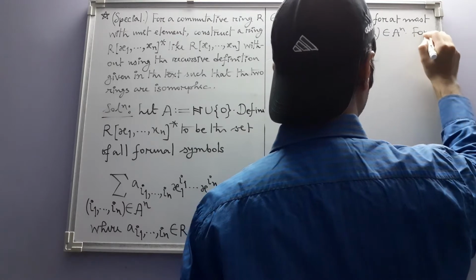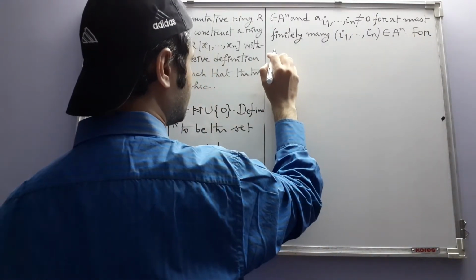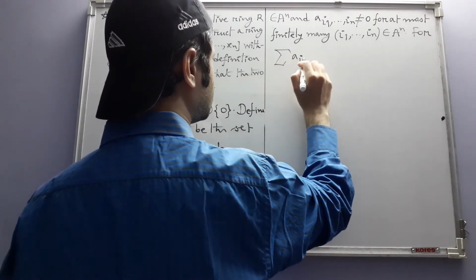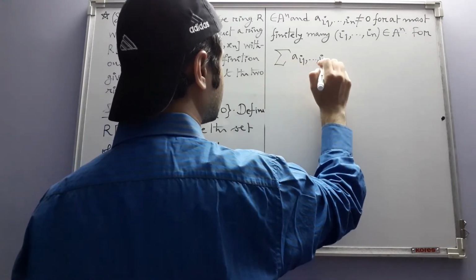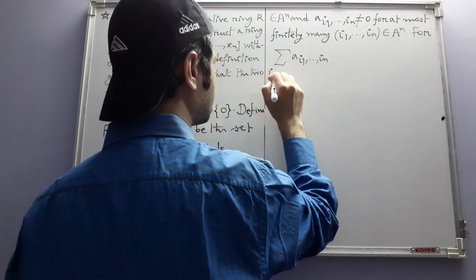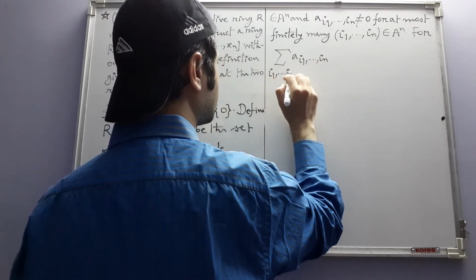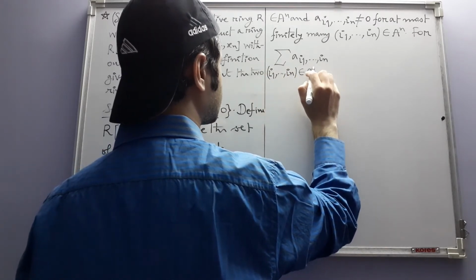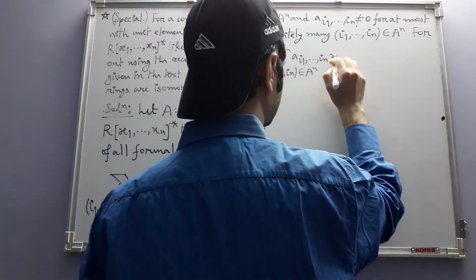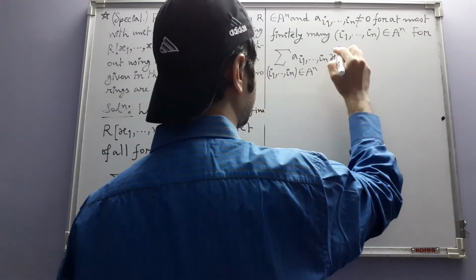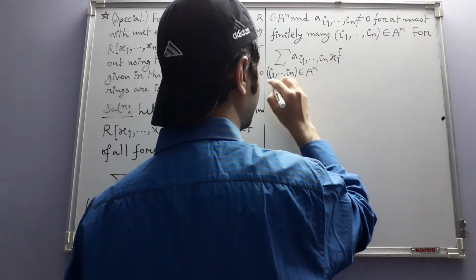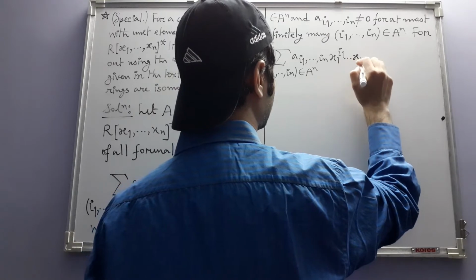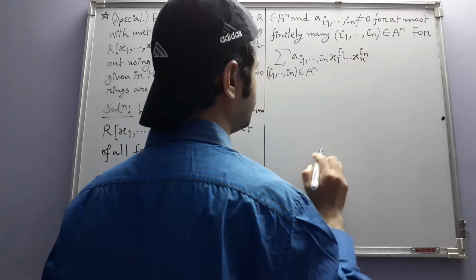For two elements, since the notation for these symbols is quite cumbersome, we cannot further simplify it. We have to mention these things. So we have to be careful about what we are writing.